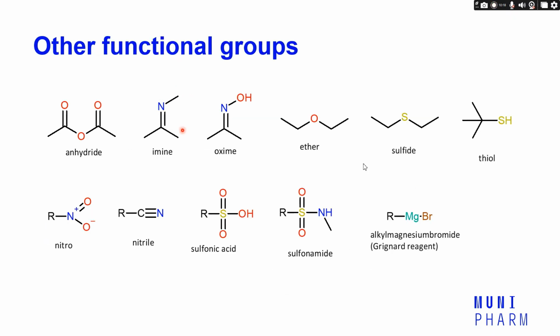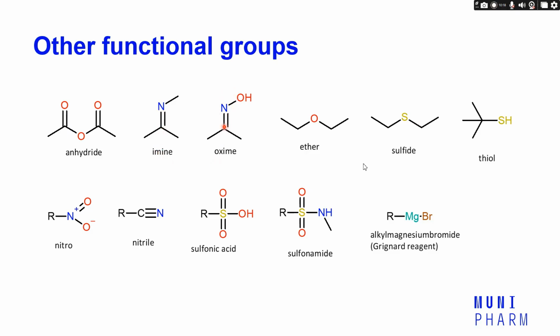For the purpose of this course, it is not necessary to go through the nomenclature of all possible functional groups in detail. Here you can see an overview or examples of some other functional groups. The first one is in fact a derivative of carboxylic acid. It is anhydride. This group containing the nitrogen bonded by a double bond to the carbon is called imine.